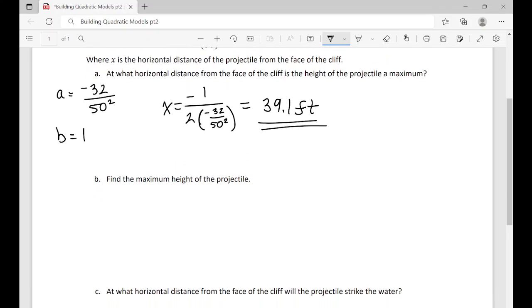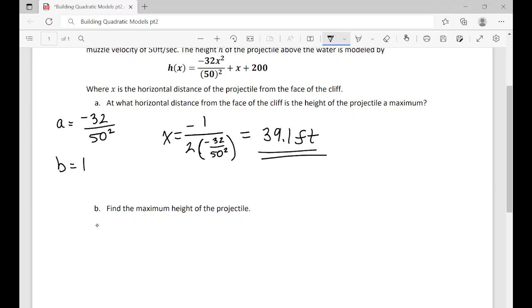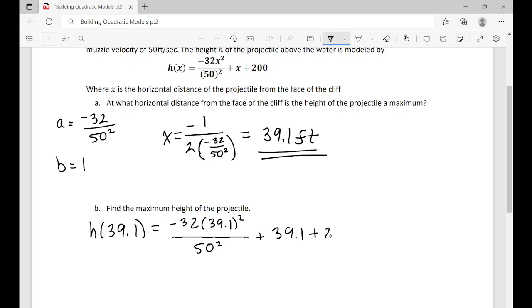If we know how far away from the cliff the max height is, what is the maximum height? We're just going to take our 39.1 and plug it into our equation. So I'll show it again right here. We're going to have h of 39.1 equal to negative 32 times 39.1 squared over 50 squared plus 39.1 plus 200.